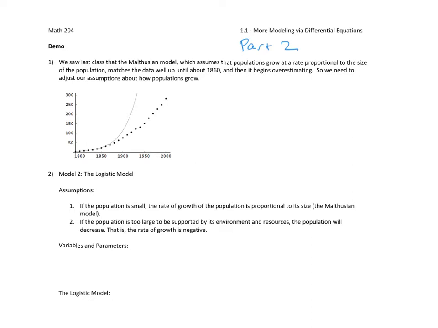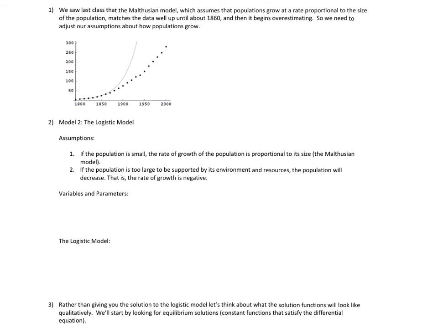So we need to list out what the variables and parameters are here. So we'll have P as population, T will be time. So those are our two main variables. And then parameters are going to be the constant of proportionality for assumption 1.